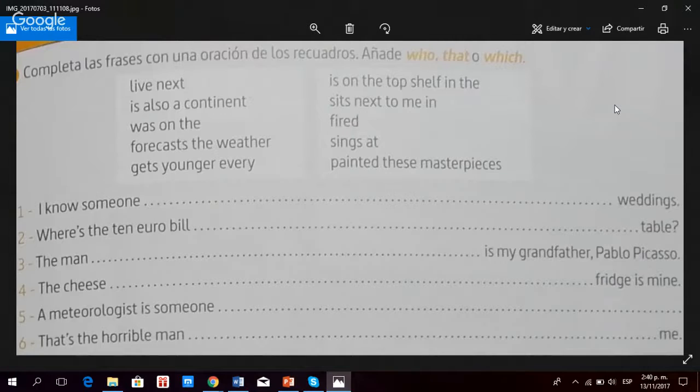Okay. The man who is on the top shelf. No, maybe a picture.